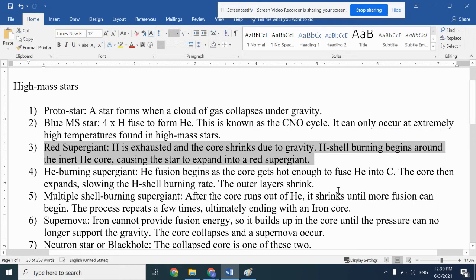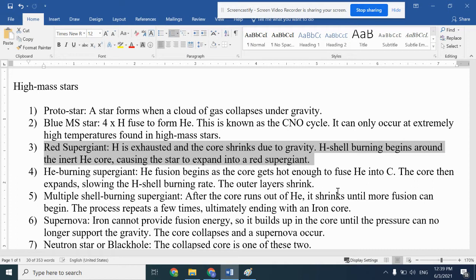Now, what's going to happen is the hydrogen is going to run out, and the star is going to become what we call a red supergiant. So the hydrogen is exhausted and the core shrinks. As the core is shrinking, more gravitational energy is being converted into heat.